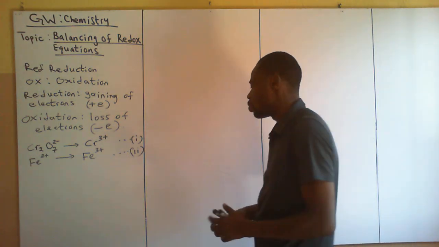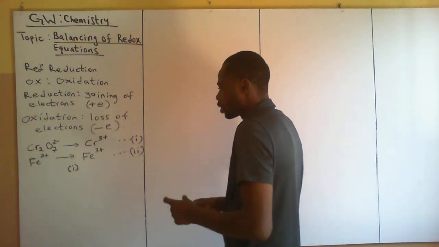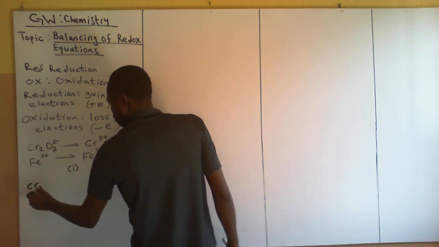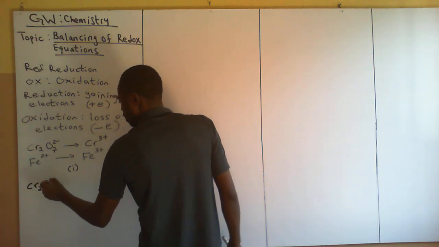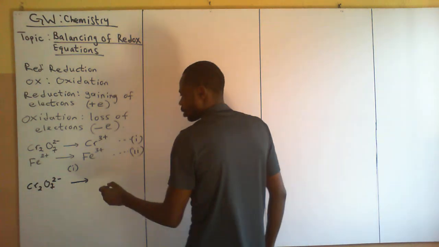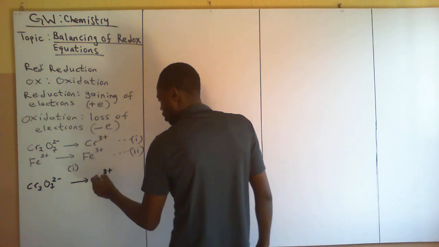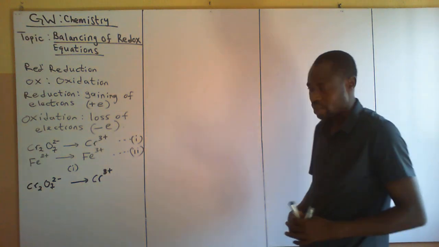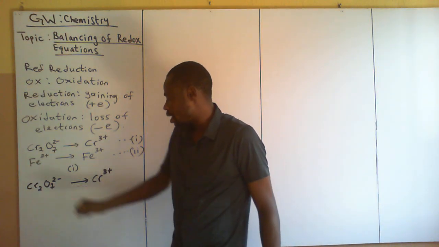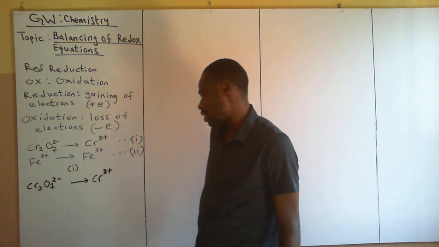redox equation. We take the first one, equation 1, Roman figure 1. If you look at it, Cr2O7, if you look at it critically, you will see that there is an element present at the left hand side but is absent at the right hand side. In an illustration like this, you look at it very well.